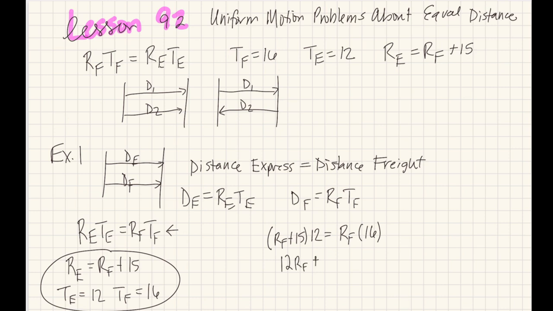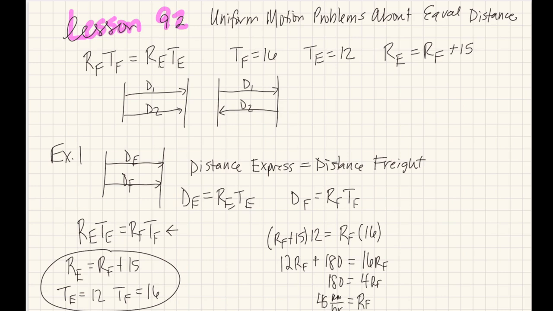plus 180 is equal to 16 RF. I'm going to subtract 12 RF, so I can move that to the other side, and I get 180 is equal to 4 RF. Divide both sides by 4, and I get that RF is equal to 45 kilometers per hour.